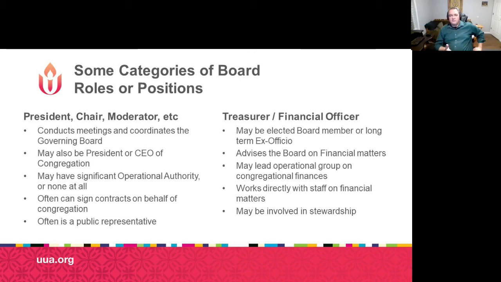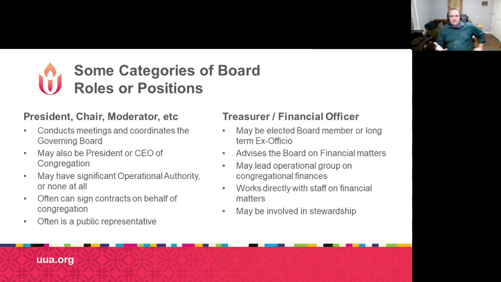And that spectrum can be very confusing. Sometimes they are the person responsible for all of the operations and management of a congregation, even some larger congregations. I worked with a 350 member congregation where the president was the chief operating officer, and that meant the chief operating officer changed every year, which created operational problems.